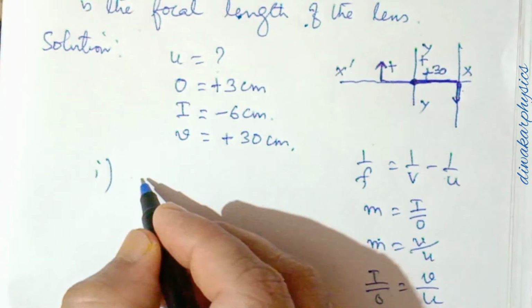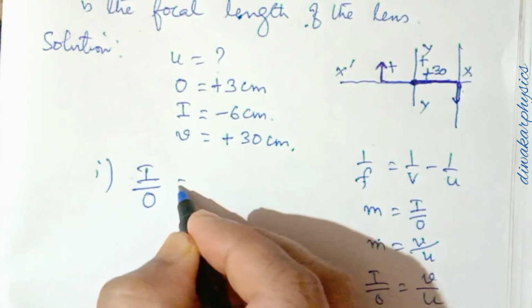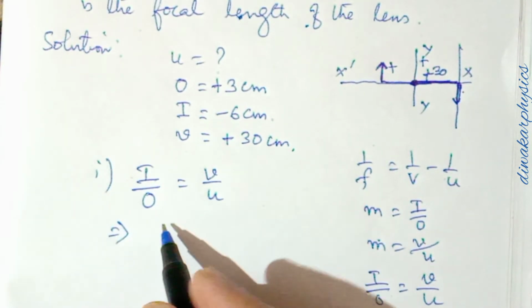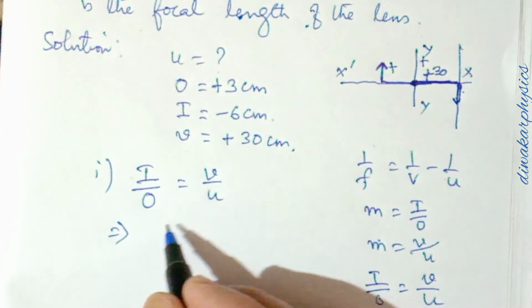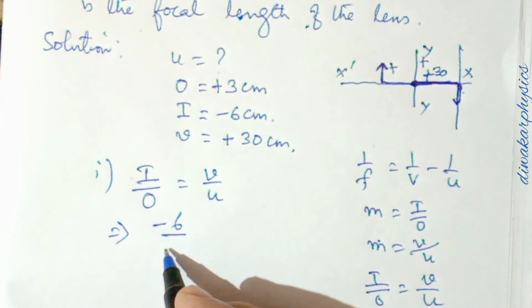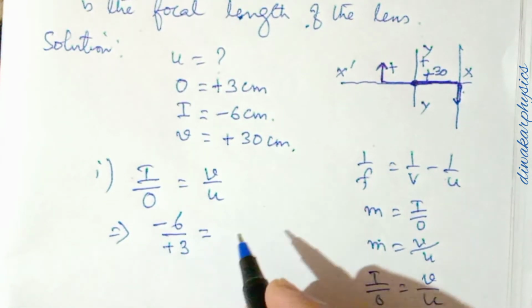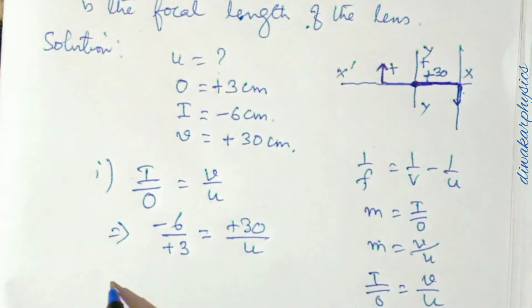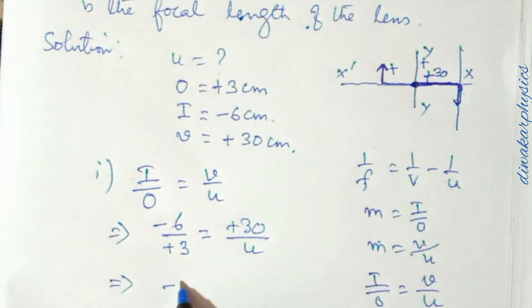Then for the first part, I/O = v/u. I is minus 6. Please use signs also. Sign convention is very important. So minus 2 is equal to 30 by u.